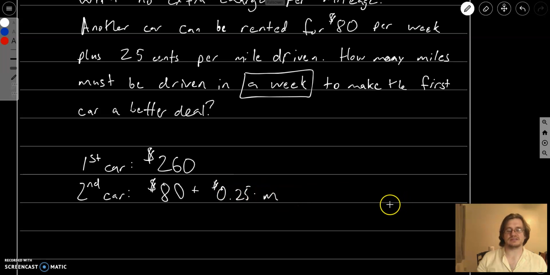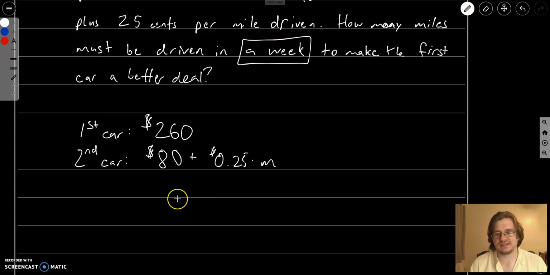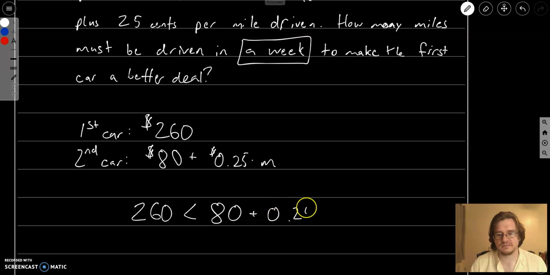So maybe I'll write this as M. So I want the first car to be a better deal than the second car. And when is something a better deal? When it costs less. So what I want to solve is 260 less than the cost of the second car. And that's it.